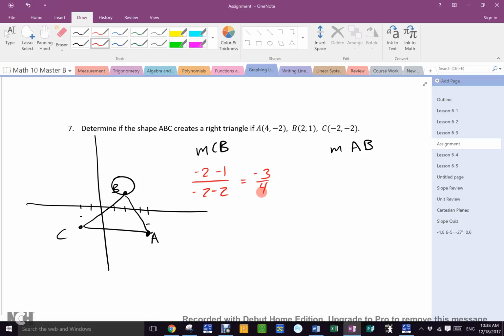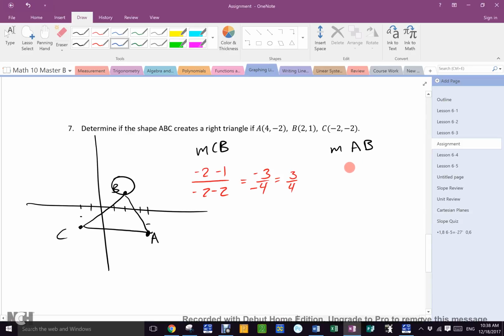Is it -3/4? Look closer. What's -2 minus 1? -3. What's -2 minus 2? -4. What do 2 negatives make? It's +3/4, right? Okay.